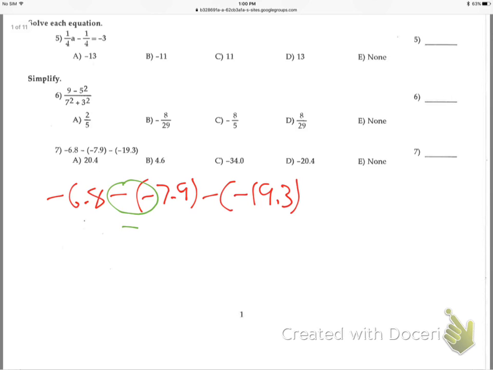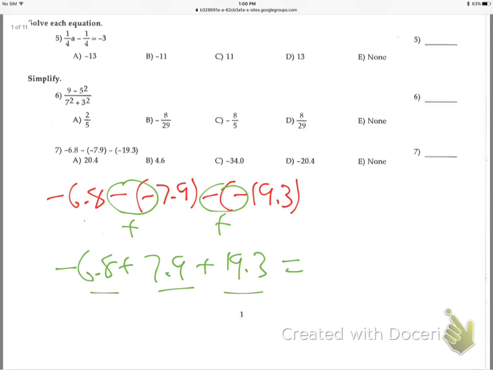These two minuses become plus. So it really becomes minus 6.8 plus 7.9 plus 19.3. Two negatives head-to-head become positive, and then just hit the buttons on your calculator. What is the answer? It says it's A, so it's 20.4, I guess. Good on that one? I'll move along if you're okay.